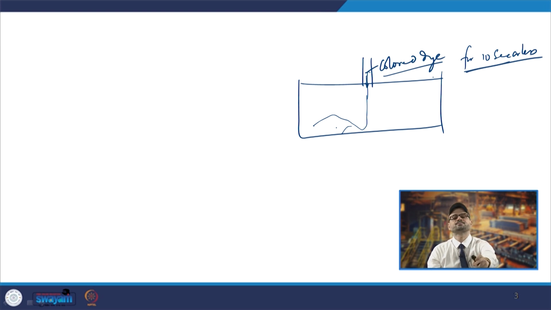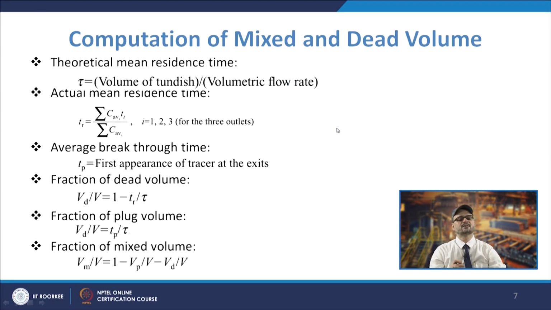So, what is shown is that we get the theoretical mean residence time calculation by the volume of Tundish divided by the volumetric flow rate. Now, we have to calculate the actual mean residence time, and normally when you have only one outlet, it will be summation of Ci Ti divided by summation of Ci, where Ci is the concentration which is monitored at the outlet.